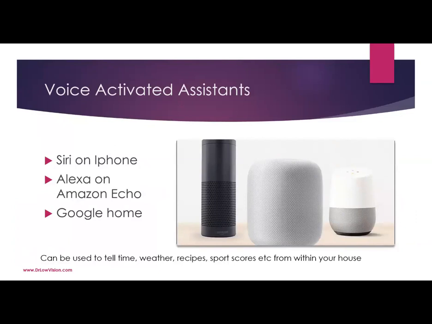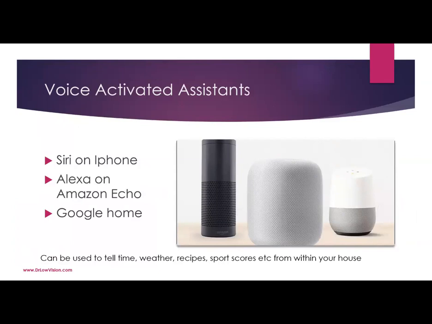Voice activated assistants. You know, we have our Google Homes and our Alexas. This is great technology that people can have in their homes, so they can actually ask it, you know, what's the weather today? Ask it if they're a sports fan, what was the score of the Raptors game? And use them in various ways.